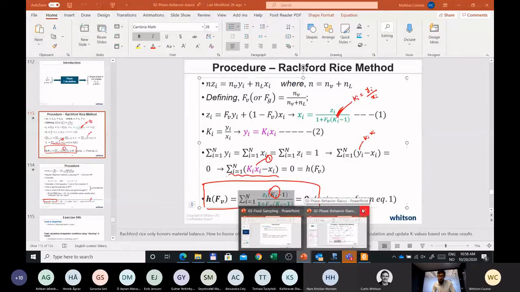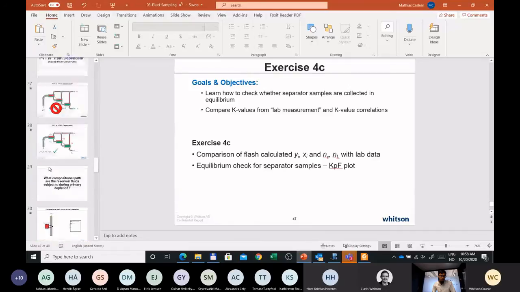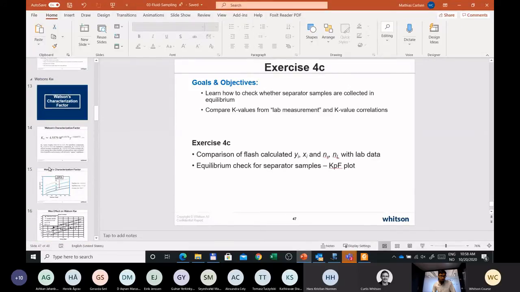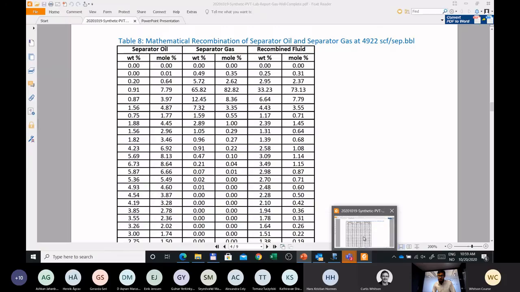Regarding this Watson characterization factor, we can all calculate the value, for example, for the oil sample and the gas condensate sample, and that will also be an interesting exercise.